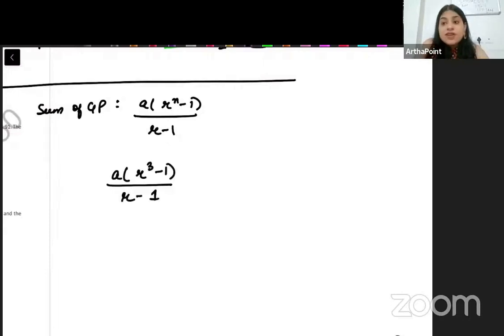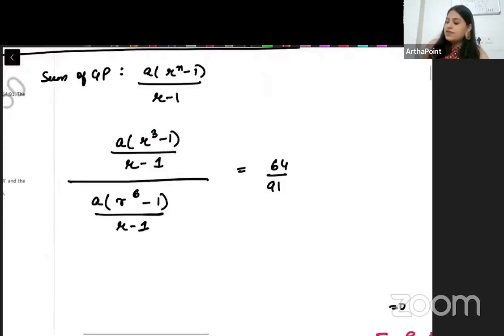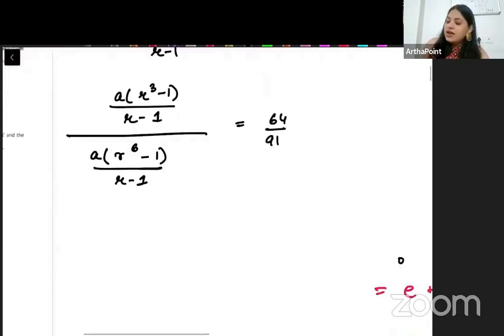And what will be the sum of the first 6 terms? Divided by, put n equal to 6, (r to the power 6 minus 1) upon r minus 1. Simple. Once I have to put n as 3 and once I have to put n as 6. This is the ratio of the first 3 and first 6 terms, and this is given to me as 64 by 91. So if I solve the left-hand side, the denominator has to be reciprocated.